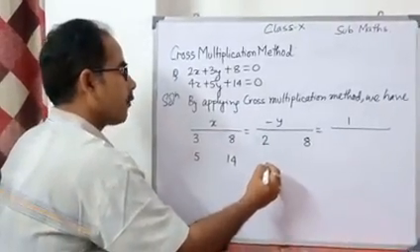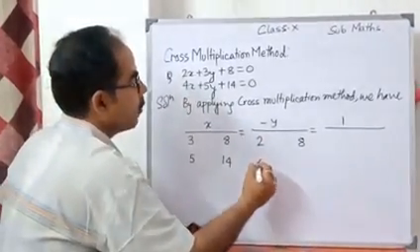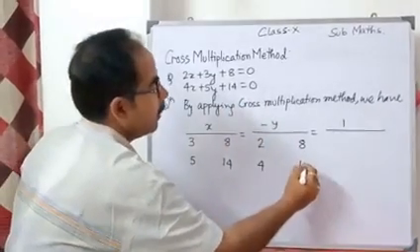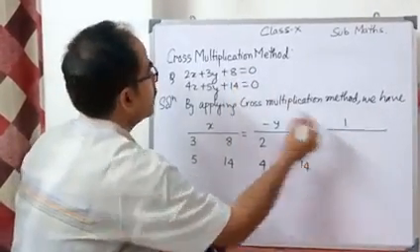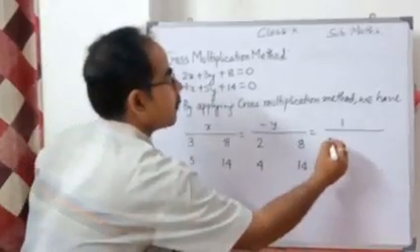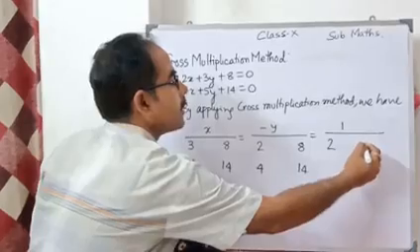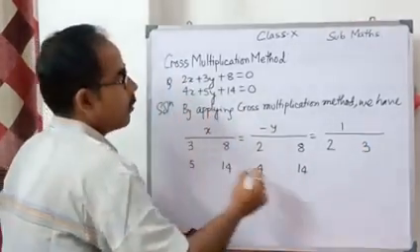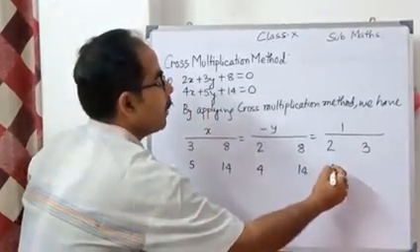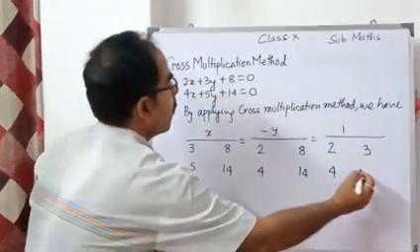Similarly, the coefficient of x for the second equation is 4 and the constant is 14. And for the constant, the coefficient of x for the first equation is 2 and the coefficient of y for the first equation is 3. Similarly, the coefficient of x for the second equation is 4 and the coefficient of y for the second equation is 5.